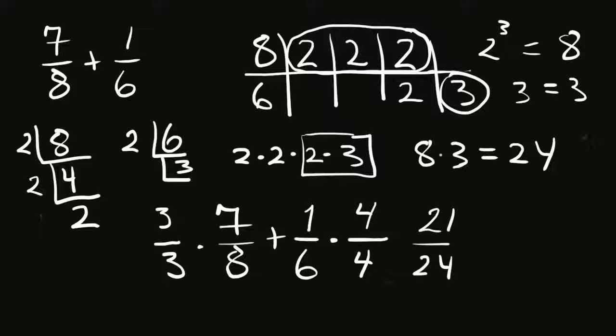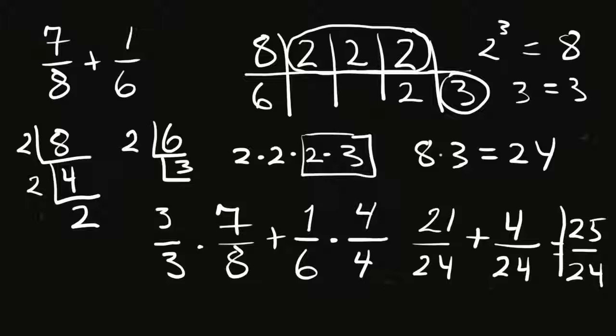And in the next part of our equation, 1 times 4 will give us a 4, and in the denominator we'll have 6 times 4, or 24, which is what we wanted. Now that we have the same denominator, the 24, we can perform the simple addition. 21 plus 4 is 25, and 25/24 is our answer.